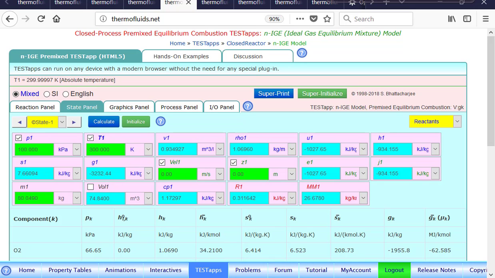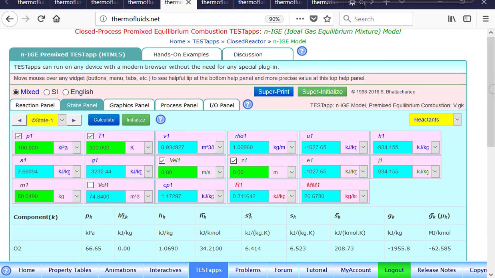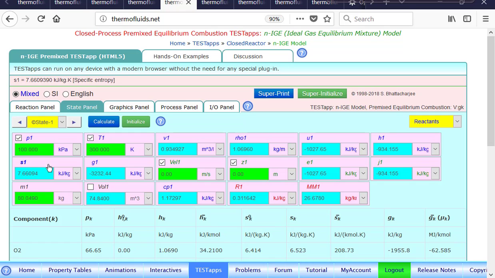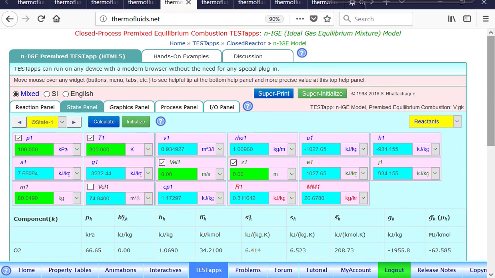So let's say we have a tank of 74 meter cube containing 80 kg of methane air mixture, and we have a temperature 300 Kelvin. Obviously, we could change the reactants amount by multiplying the reaction, and instead of specifying temperature, we could specify volume, or pressure. So anyway, finding the reactant state is a fairly easy process. It's purely the ideal gas equation, but it does show you all the partial properties of each component.